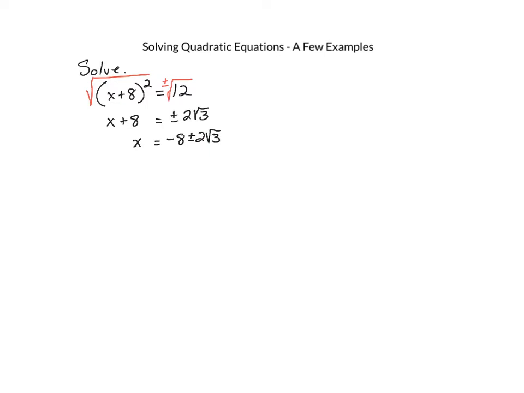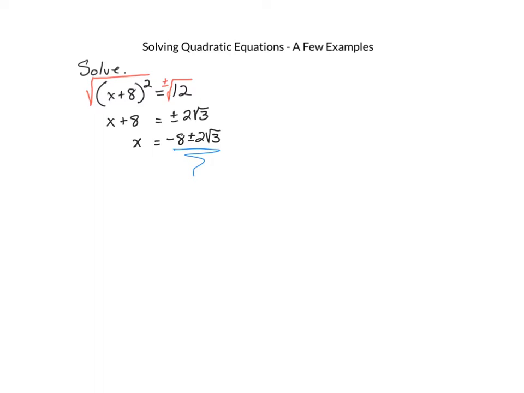Now I will mention that even if we had multiplied it out and set it equal to 0, if we had tried to factor, this one would not have been factorable. And I can tell that because the solutions right here are irrational. But you wouldn't know necessarily by looking at it unless you've practiced a bunch.